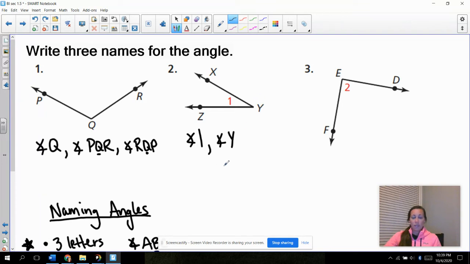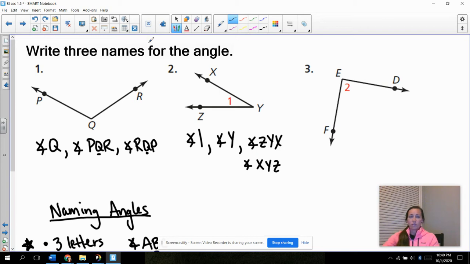So if I'm going to use one letter, it has to be Y. I could also use three letters, but when I use three letters, my middle letter has to be Y, and the other two are just the other two in any order. So Z, Y, X, or I could do X, Y, Z. Okay, all four of those are correct. I know it only says to name three of them, but I figured I'd throw all four of them at you. But those all work.